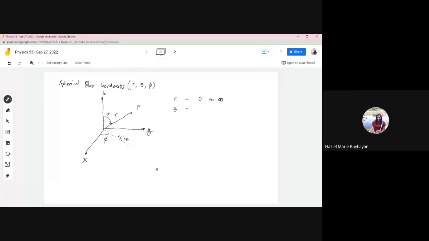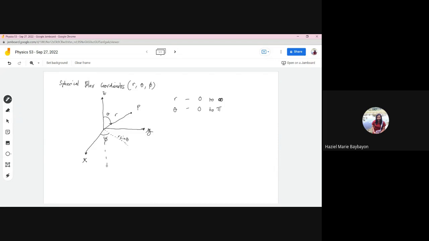Okay, thank you. So your theta, class, goes from the positive z-axis, and your point P can be anywhere, so your theta has limits 0 to pi. So from 0 to pi, or from 0 to 180 degrees.